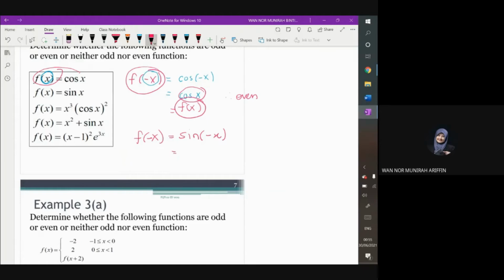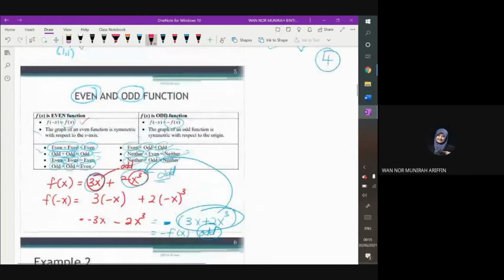For sin negative x, it will always be negative sine of x. Negative sine of x, I can say that you have negative of original function. So when I have negative of original function, I can conclude that this function is odd.